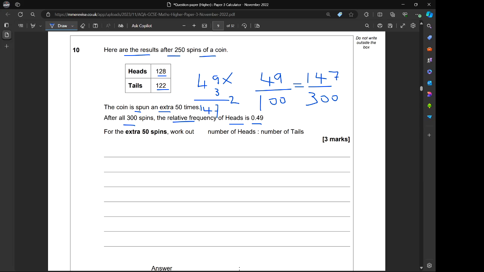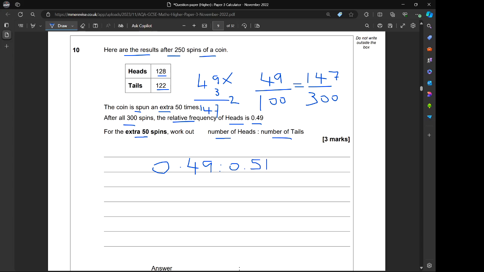The question then says, for the extra 50 spins, work out the ratio of the number of heads to the number of tails for the extra 50 spins. Well, 0.49 is heads, therefore the probability of tails will be 0.51.